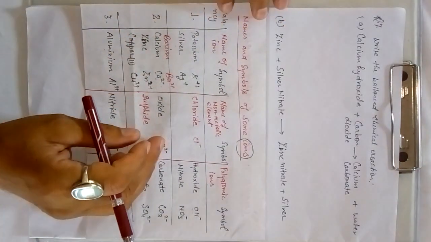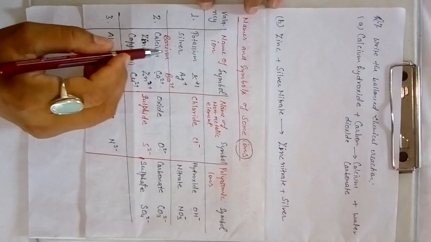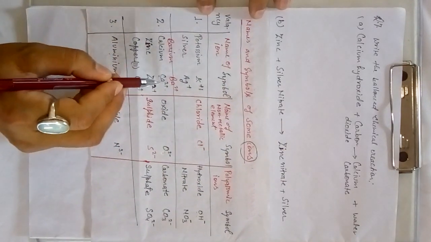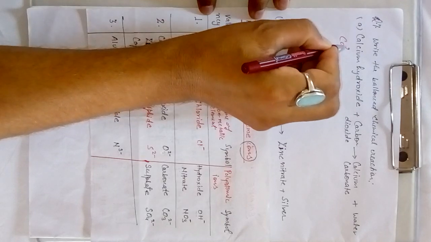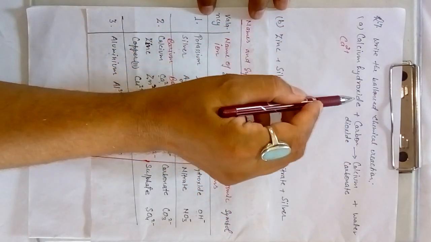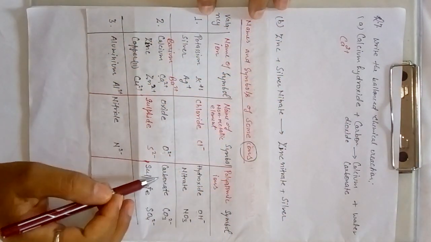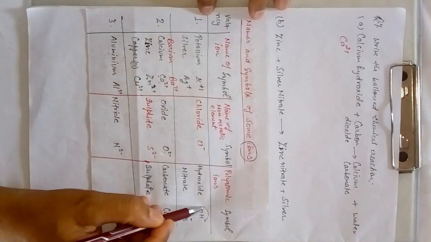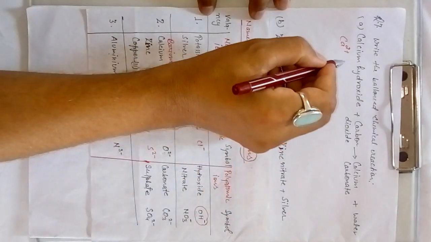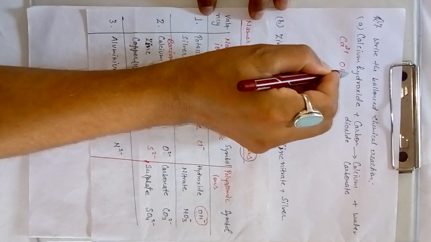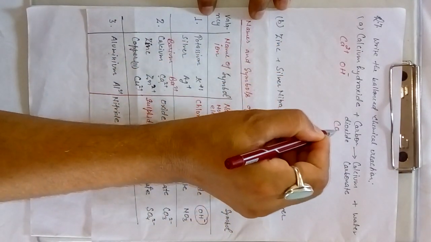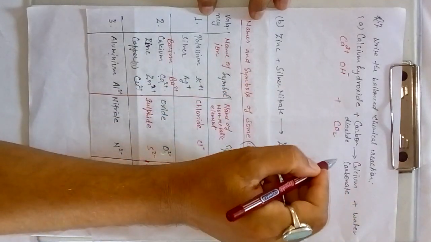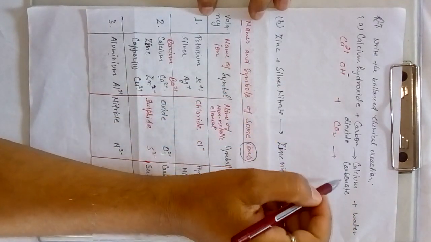Calcium hydroxide. So calcium, here you can see the calcium Ca2+. Hydroxide, where is hydroxide? This is the OH-. Carbon dioxide, CO2, we know. Next, calcium carbonate.